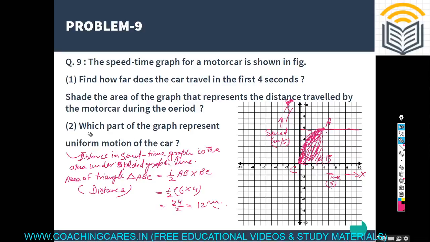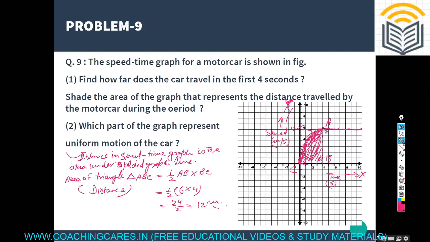This is one explanation. Another one: which part of the graph represents the uniform motion of the car? You just visualize from C to A, there is a change in the speed with respect to time, but at the point A, you notice, this graph line is a straight continuous horizontal line, and from this point to the further points there is no change of speed, which is fixed here, which is 6.